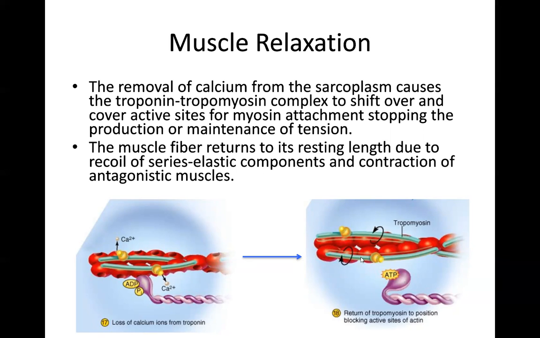It can't form a cross bridge because those binding sites are covered. Okay. And then the muscle fiber can return to its original resting length due to the recoil of series elastic components. In other words, it's because of that titin, remember, that allows it to recoil, along with contracting your antagonistic muscles. So if you're looking at the biceps, it would be like the triceps contracting helps lengthen out the biceps.